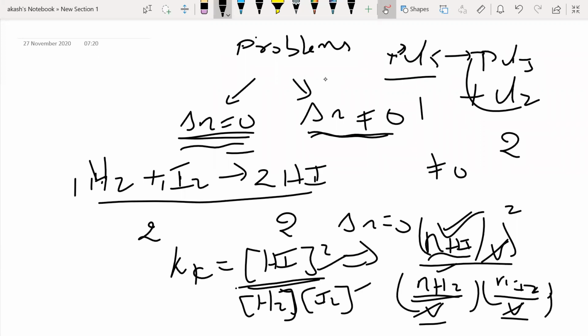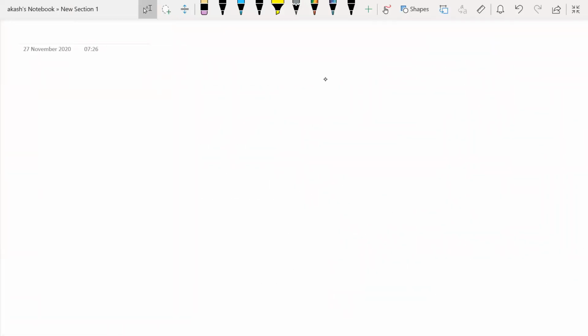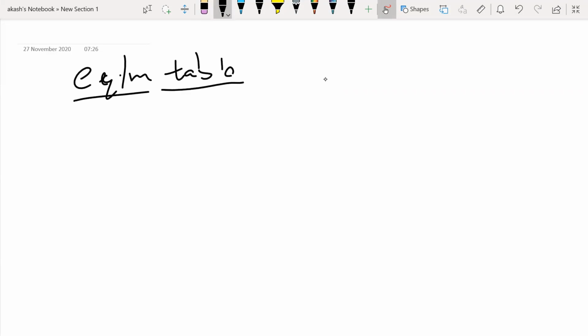So this small point I wanted to tell you. Now, how will you approach problems? If you can make one simple thing, for any problem for that matter, if you can draw something called an equilibrium table, if you can make the equilibrium table properly for any given question, your 90% problem is solved there only.